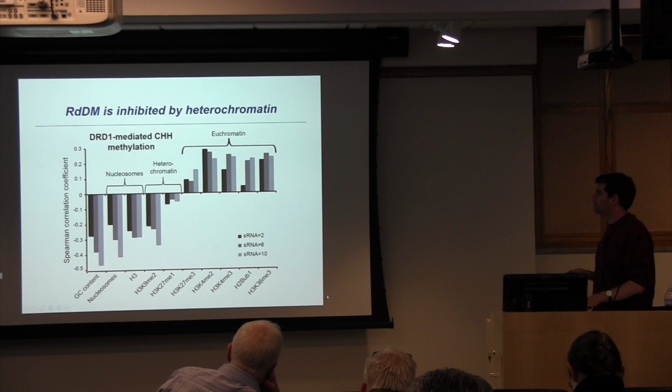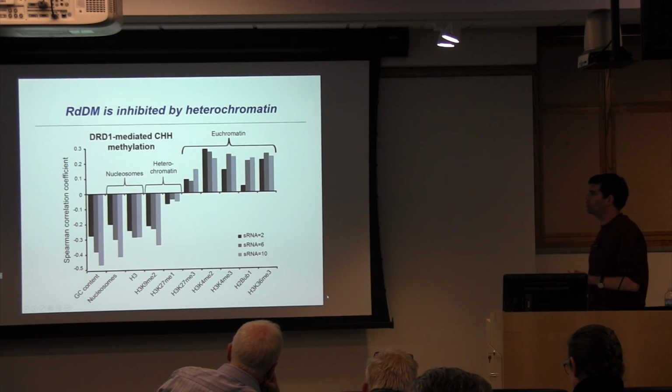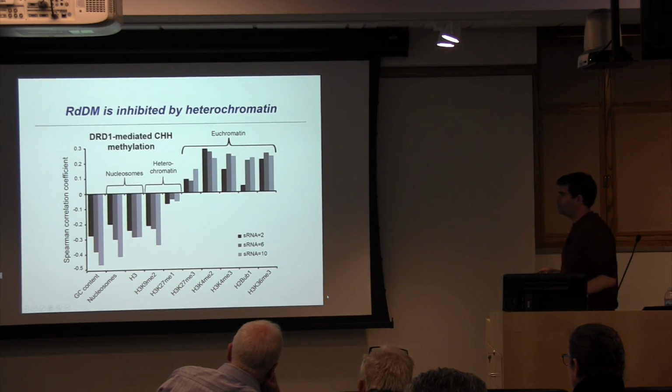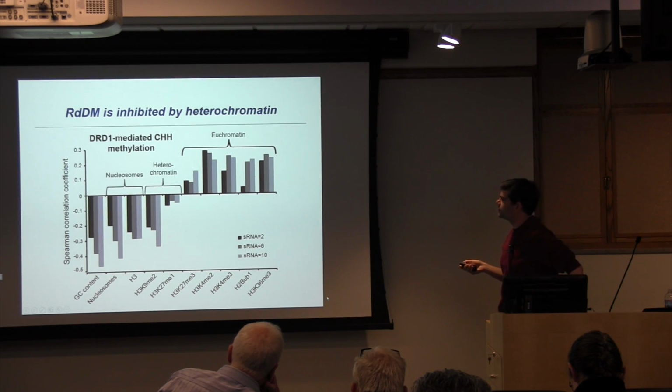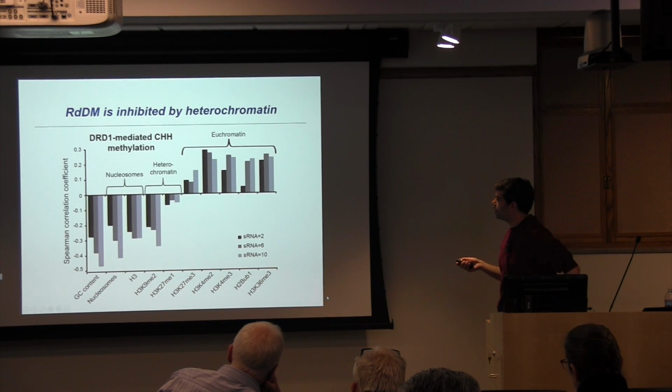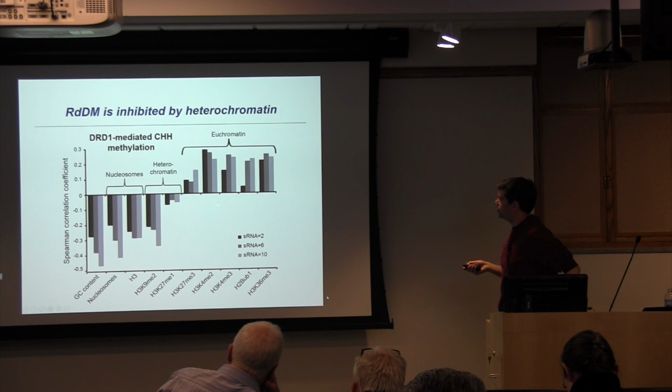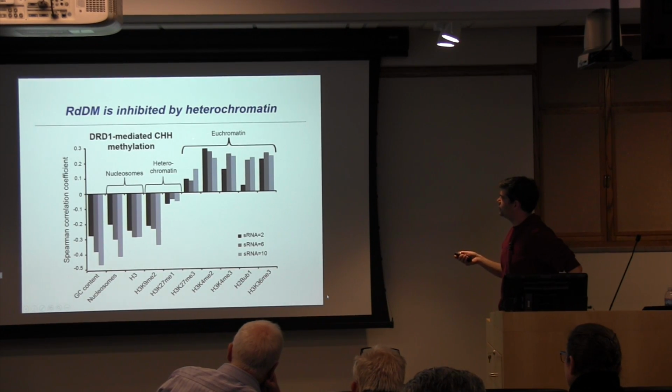And the same thing in reverse is true for methylation guided by small RNAs. This is the same kind of analysis for methylation that depends on DRD1, a component of RDDM. And here, nucleosome density and heterochromatin are negatively correlated, and euchromatin is positively correlated.